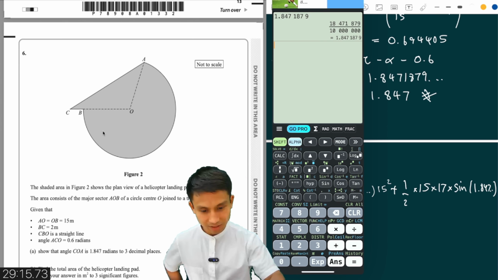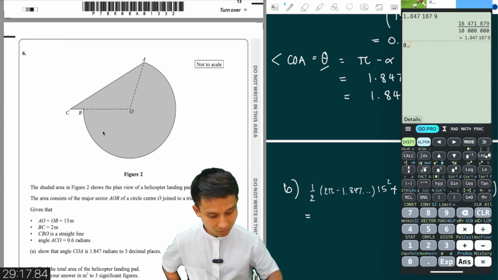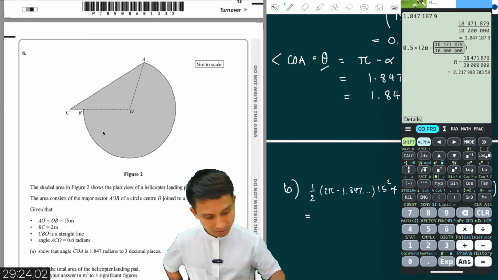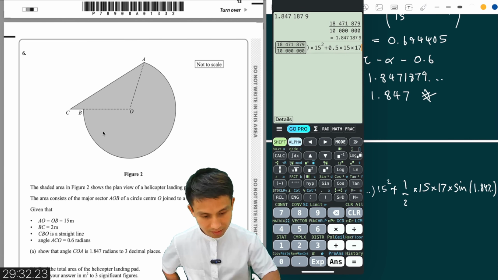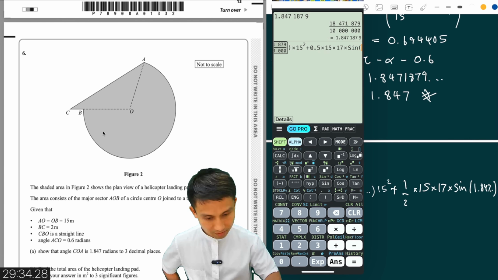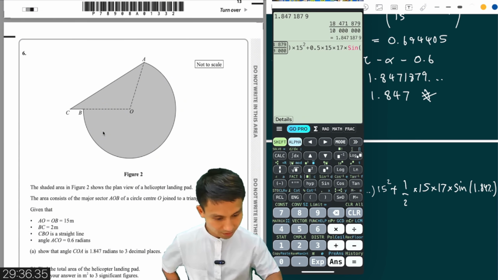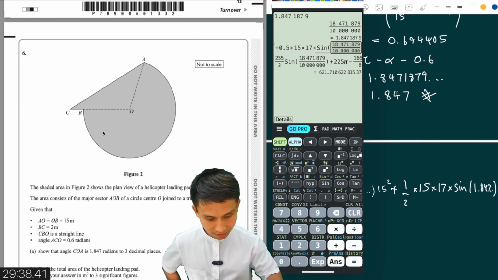Answer, then clear, and then 0.5 times in brackets 2 pi minus answer, times 15 squared, plus the other area, 0.5 times 15 times 17 times sine of the same angle, answer. There you go.